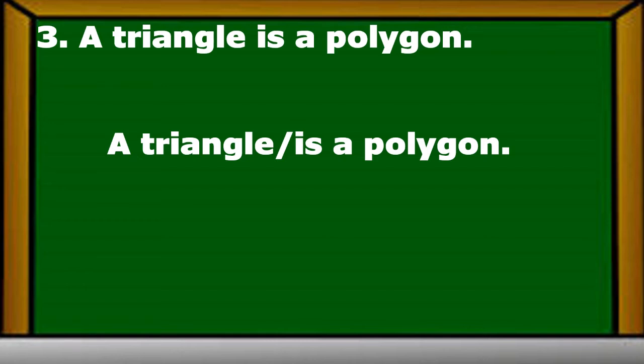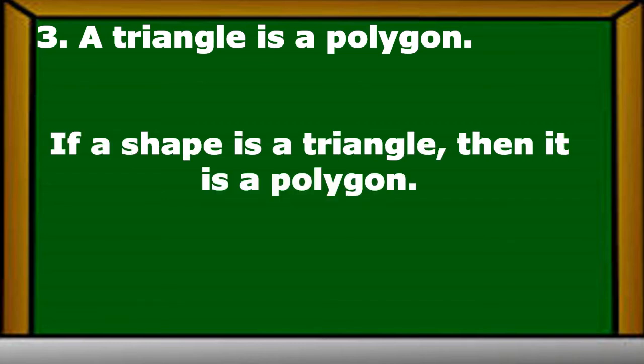Let us try this third example. A triangle is a polygon. Let us divide this statement into two parts to identify the hypothesis and conclusion. A triangle, and is a polygon. Transform this into a conditional statement, if P then Q. Hence, the if-then statement is if a shape is a triangle, then it is a polygon.